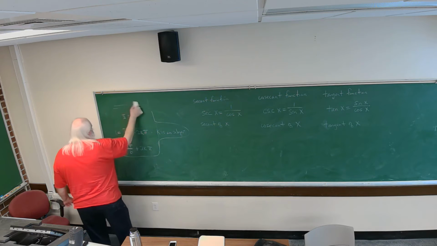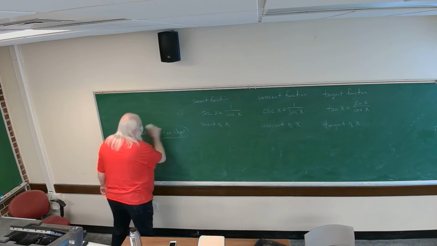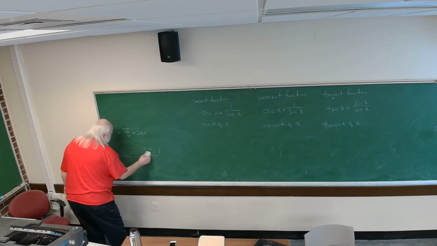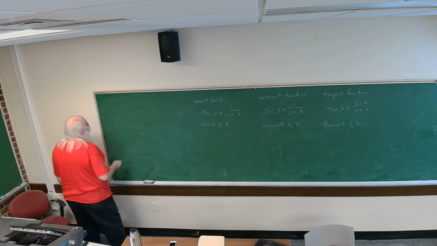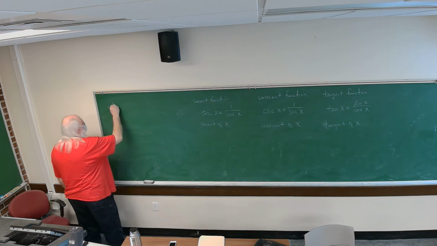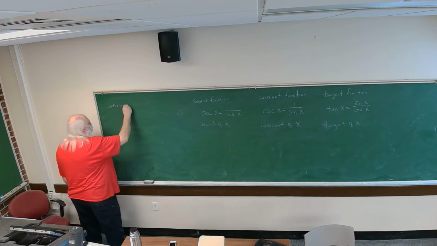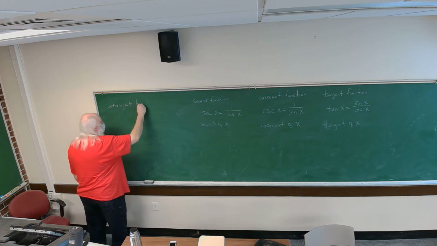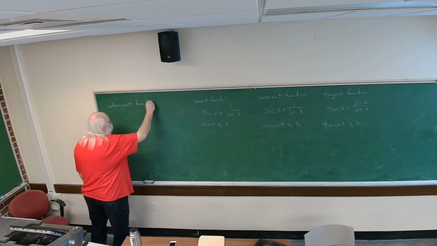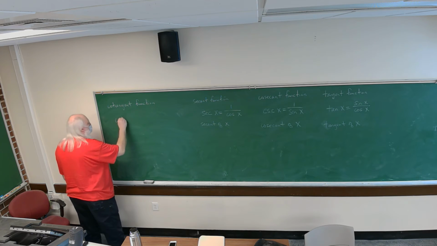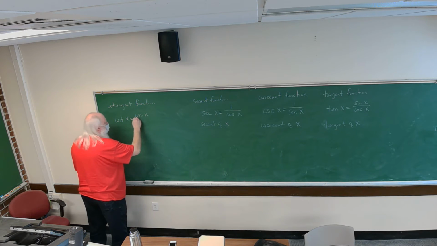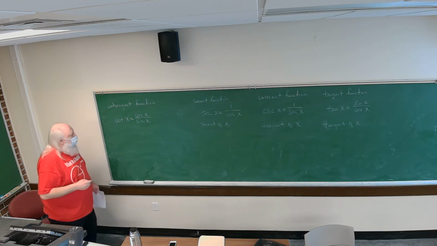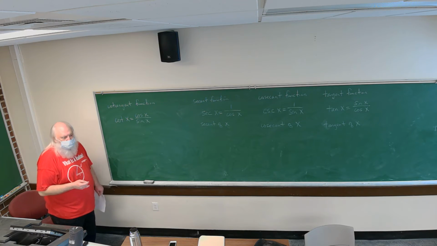And then the last one, the cotangent function, is the reciprocal of the tangent function. And so instead of sine over cosine, it's cosine over sine.